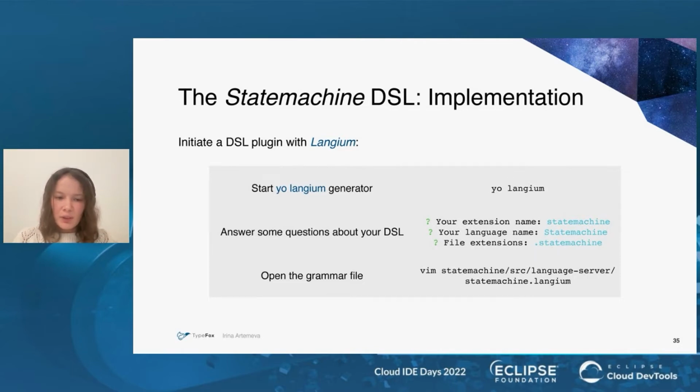Our first step is to start the wizard, and it will ask you to answer three questions about your DSL. It's your extension name, basically the name of your project. It's your DSL name, and finally the file extension for files that will contain code snippets of your DSL.